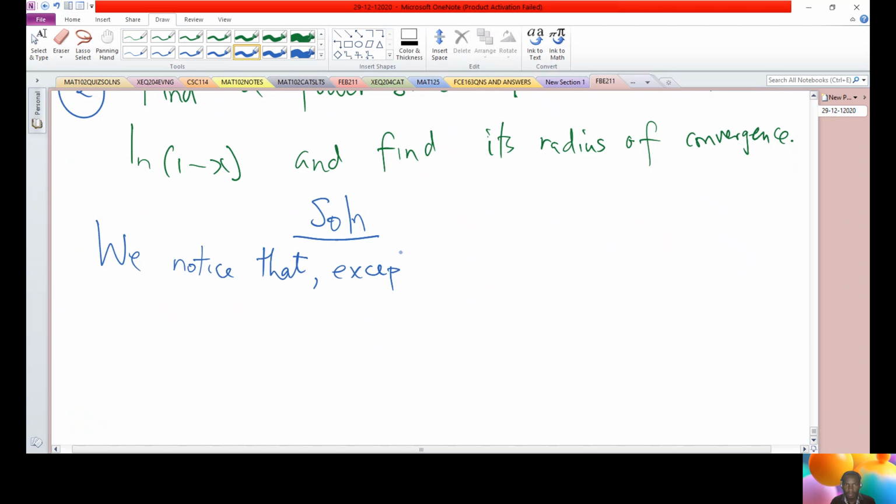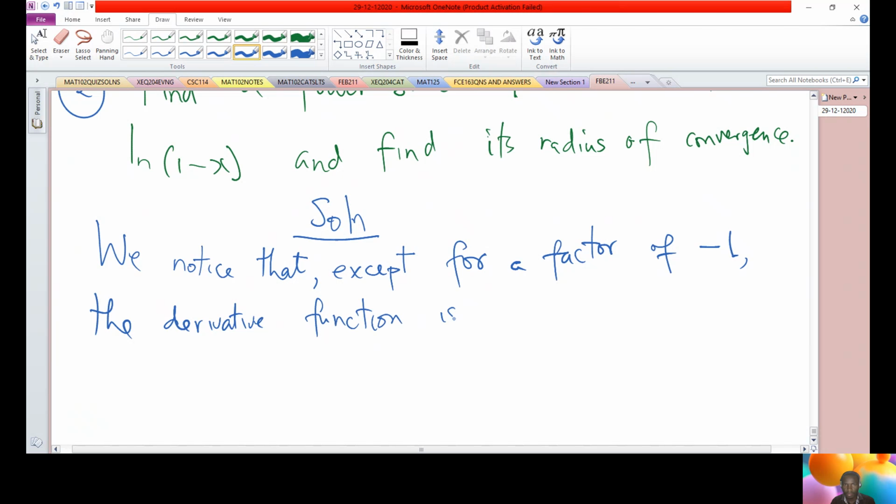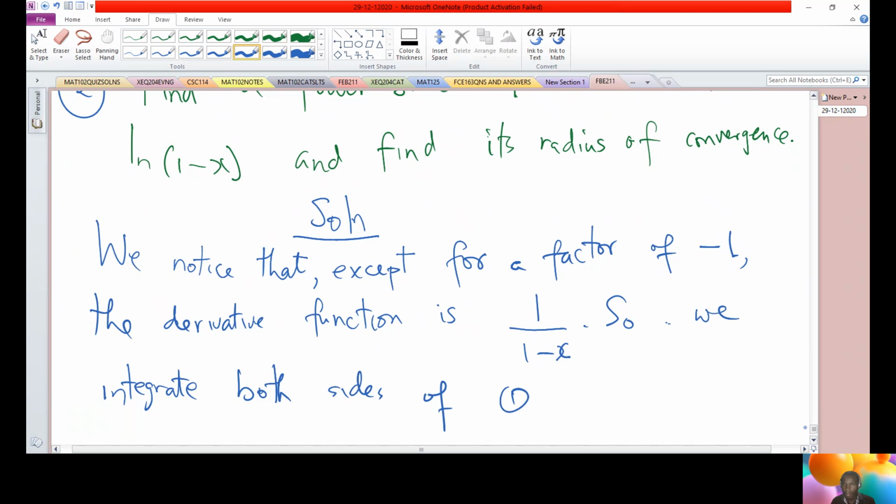except for a factor of minus 1, the derivative function is 1 over 1 minus x, the derivative of ln of 1 minus x. So we integrate both sides of 1.